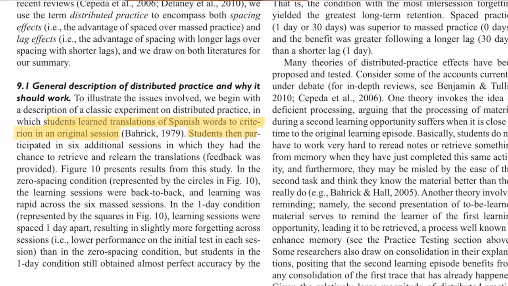Then these students participated in 6 additional sessions in which they could retrieve and relearn the translations. Now there were 3 conditions in this study. In the first case, it was the zero spacing condition, which means the 6 study sessions were back to back, and the learning was rapid across these sessions.